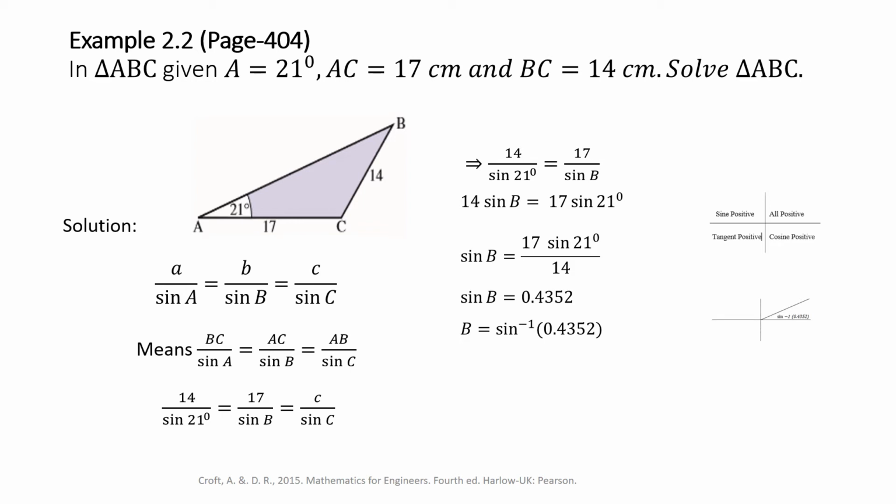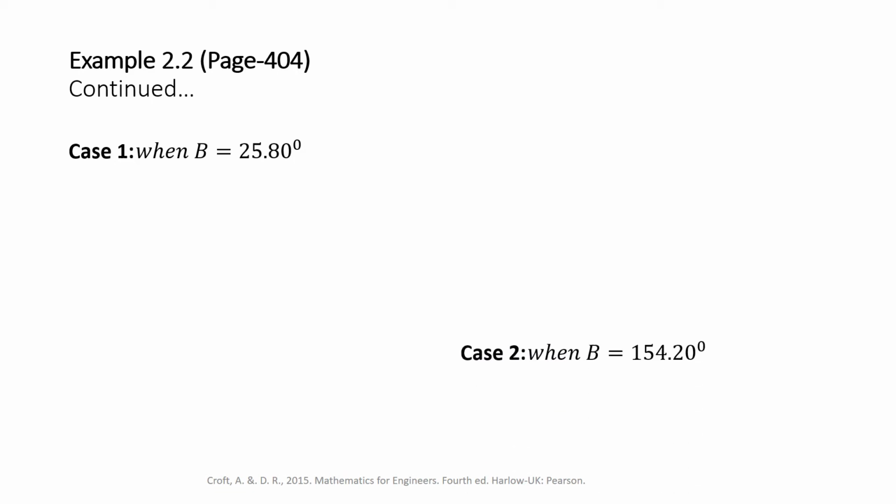The first quadrant value will be this, and in the second quadrant it will be 180 minus this, equals 154.20 degrees. After this, there are two cases. B has two values, case 1 and case 2.